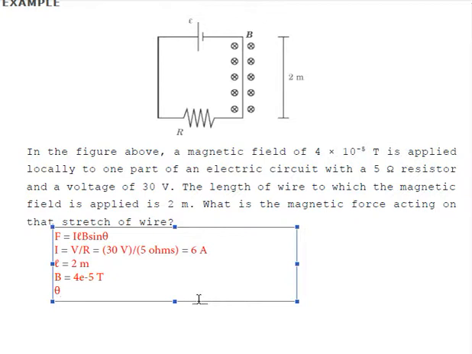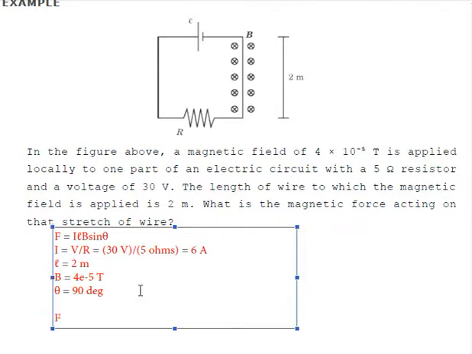Alright, the theta, we're not given a theta. It doesn't mention anything about parallel or perpendicular, but we can kind of assume from what's going on in this diagram, the wire looks like it's going straight up and down, and B looks like it's going straight into the page. So we'll assume that theta equals 90 degrees.